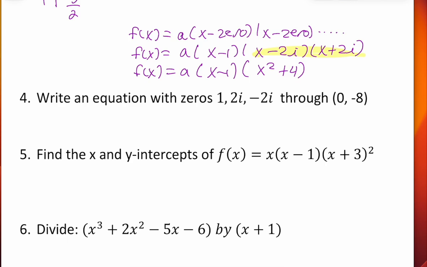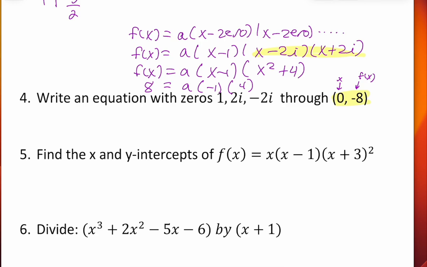And now we're going to need to use the point 0, -8. We need to find the a value. Once we know the a value, we're ready. So remember, this is your x. This is your f of x. So f of x is equal to -8 when x is 0. So that would be 0 minus 1, and that would be 0 plus 4.